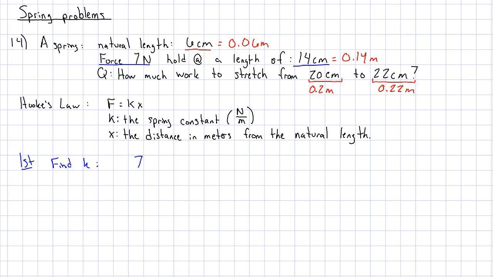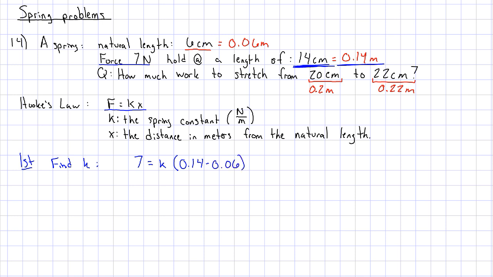So force equals K times X. So 7 equals K times X. X is the distance from the natural length. So this is going to be the final length, which is 0.14 minus the natural length, which is 0.06.